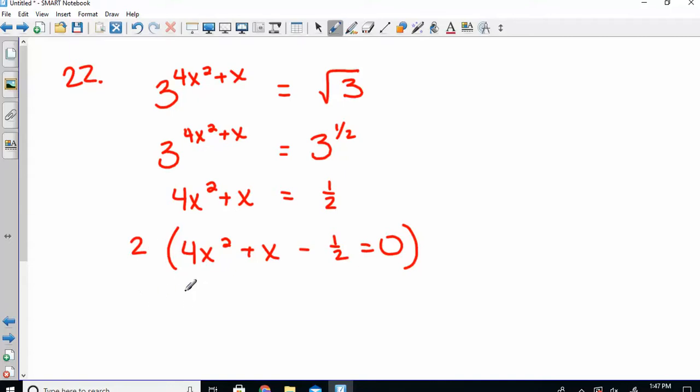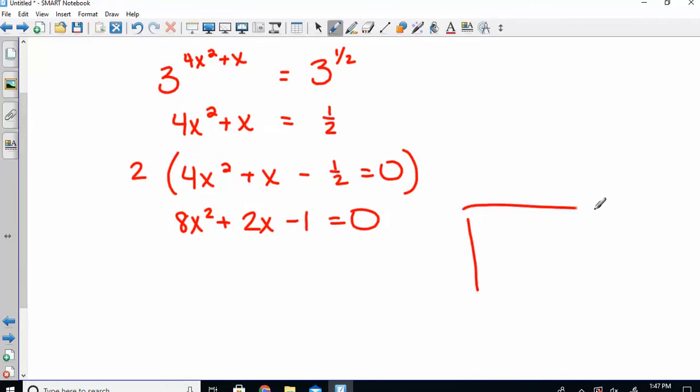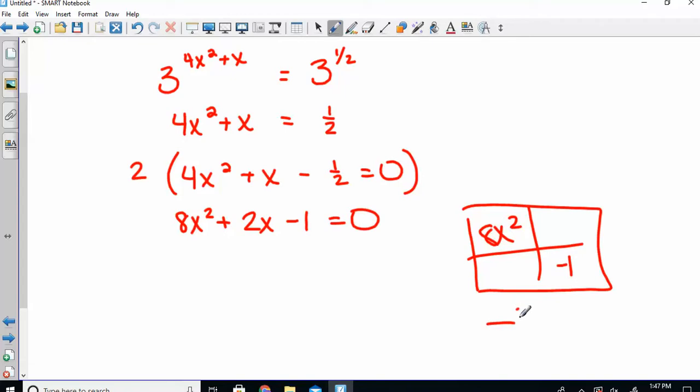Let's just multiply everything by 2. You're trying to write it with a negative exponent, but if I just want to cancel it, we could just multiply by 2. So we get 8x squared plus 2x minus 1 equals 0. So now it's a quadratic, we can do box method. So two things that multiply to a negative 8 and add to a positive 2.